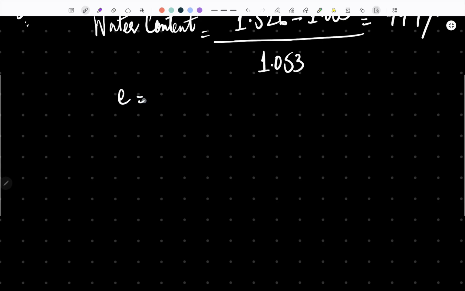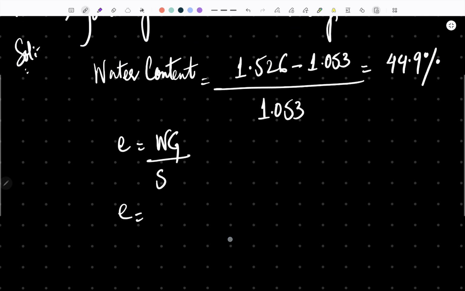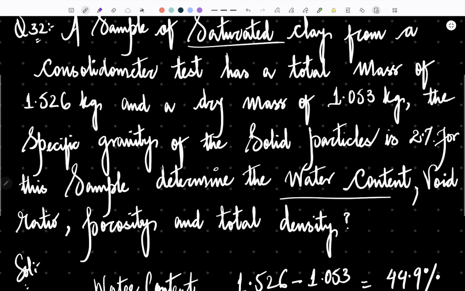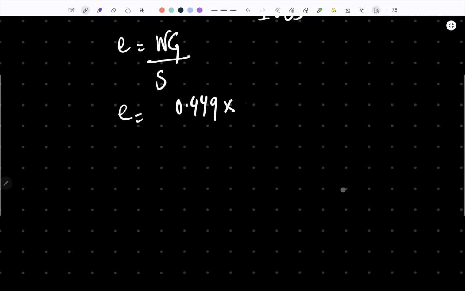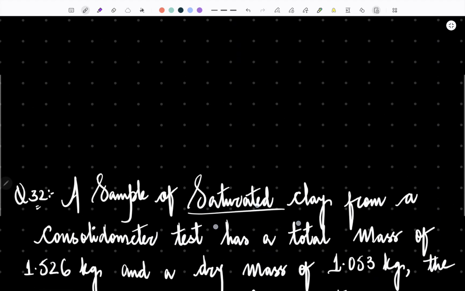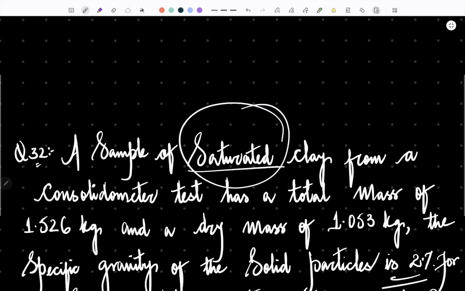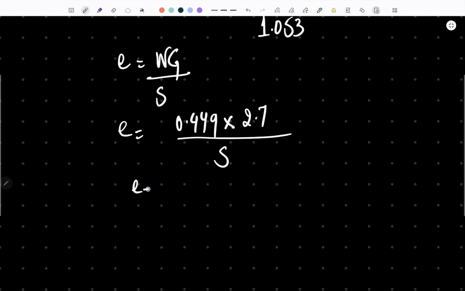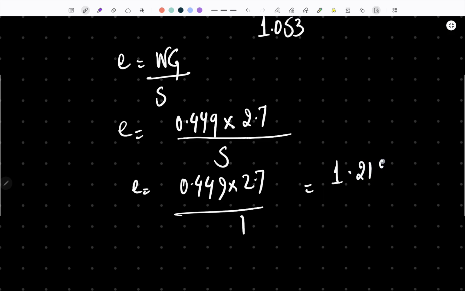Void ratio is equal to wG by S. So void ratio is equal to water content, which is 44.9%, G, which we have been asked to use as 2.7. And S, what is S? A sample of saturated clay, so S is equal to 1. So E is 0.449 times 2.7 divided by 1. By calculations, this void ratio is equal to 1.212.